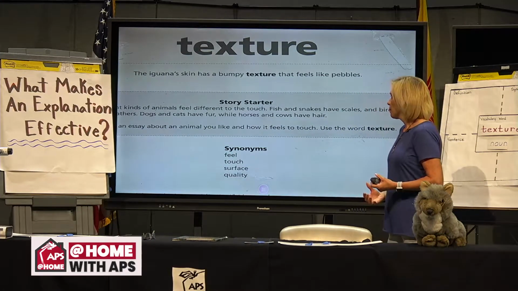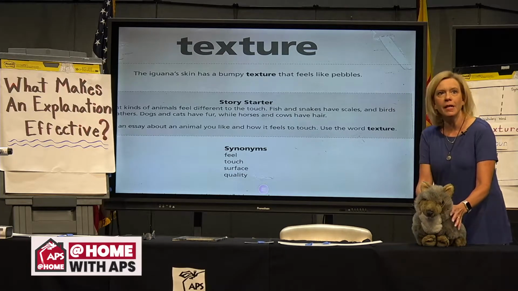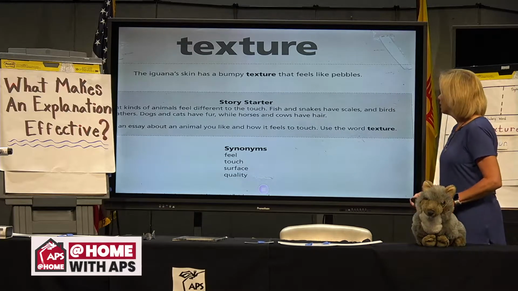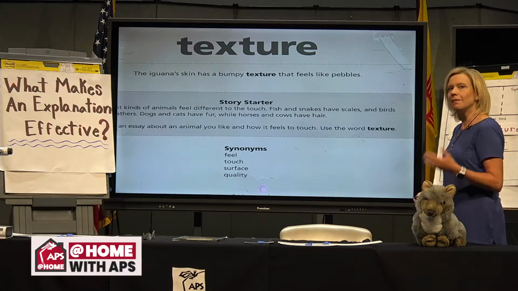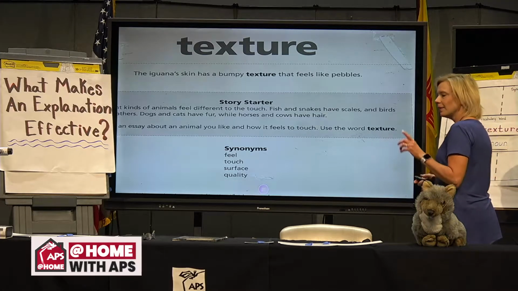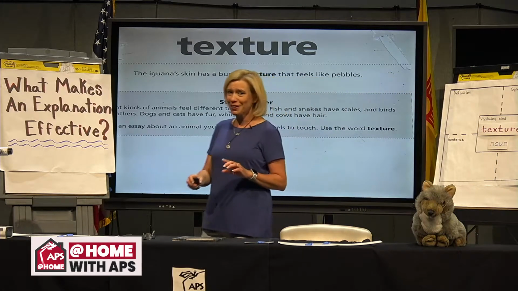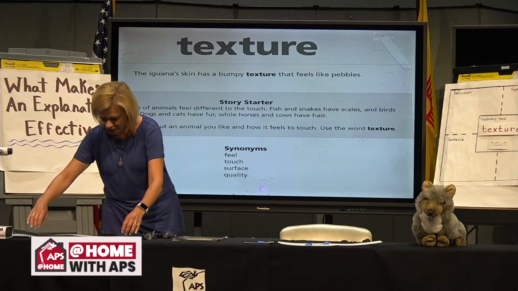Synonyms. How it feels when I touch it. The surface. The quality. That's the texture. Let's look at a definition, and I have a long definition. We can definitely change this if we need to.